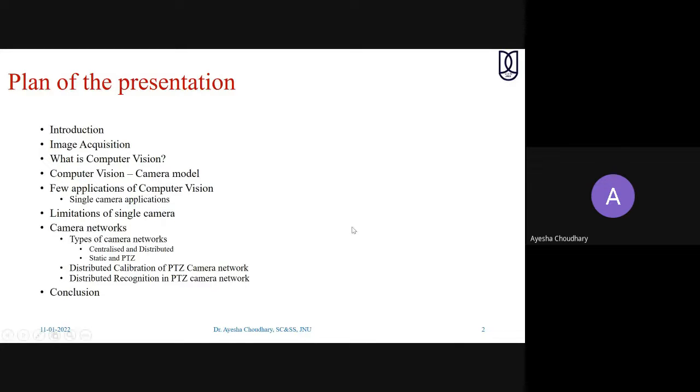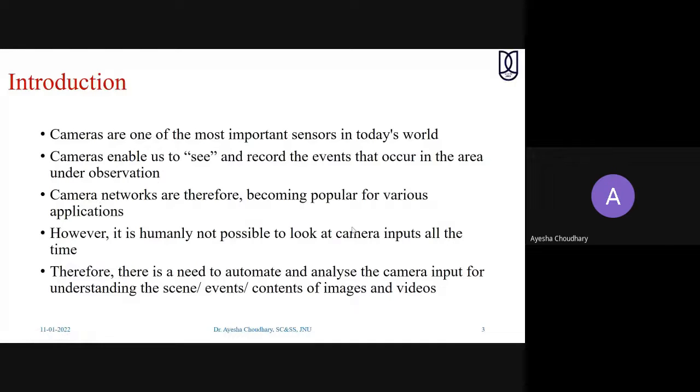Let me start with the introduction. So why are cameras important? If you see, one of the most important sensors in today's world, in any application, you will have some amount of image or video, and we are using images and videos every day in our communication, in trying to record something.